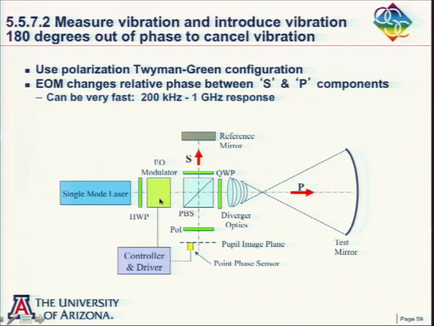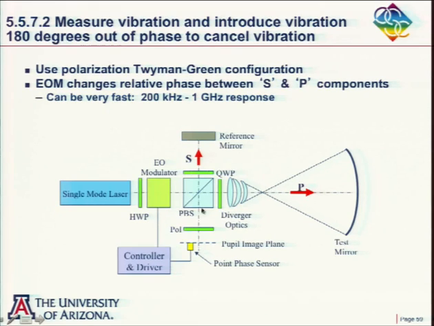So the output of this phase sensor is going to go back to a modulator, an EO modulator, that is going to introduce a phase difference between the 2 orthogonal polarizations. So I control a little voltage here that changes the phase of the reference beam relative to the test beam.